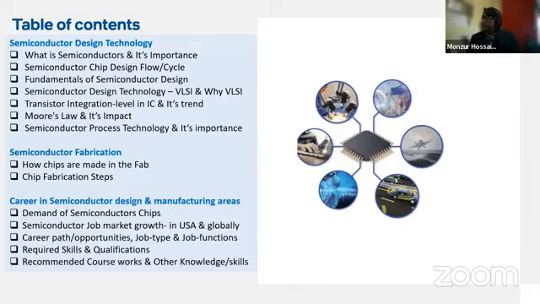In the third segment of this presentation, we will talk about careers in this design and fabrication field. What is the semiconductor chip demand at this point? What does the job market look like in the USA and also globally in the semiconductor industry? What are the career paths and opportunities available? Job types, job functions, how does that look?